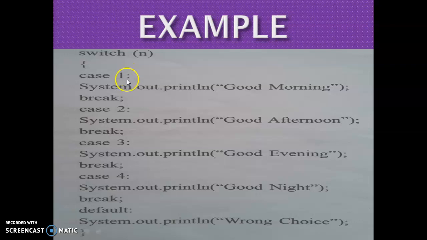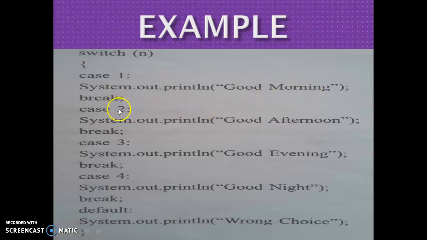Case 1, then a colon. Case is all in small letters, and 1 you don't put inside quotes, because when we use a character, then you have to put it inside single quotes. But it is a number, so don't put it inside quotes. If it is case 1, then I want to print good morning.